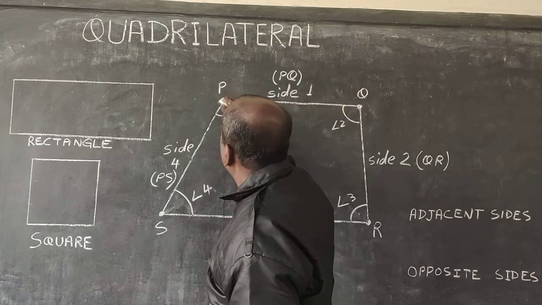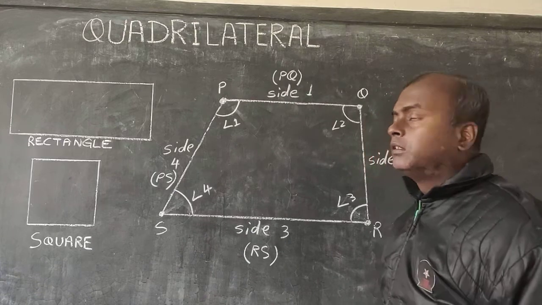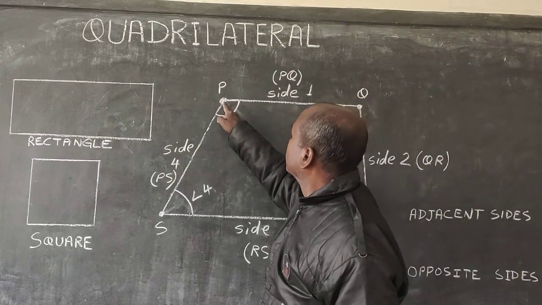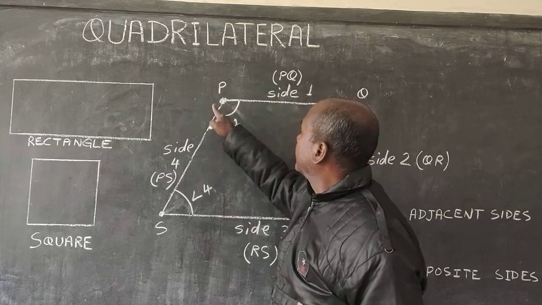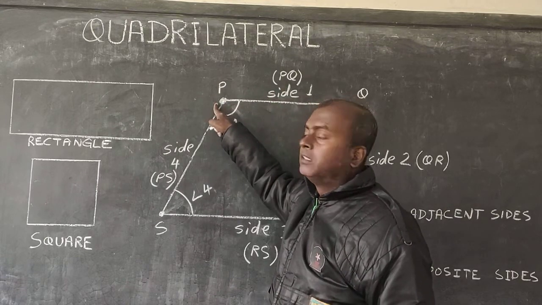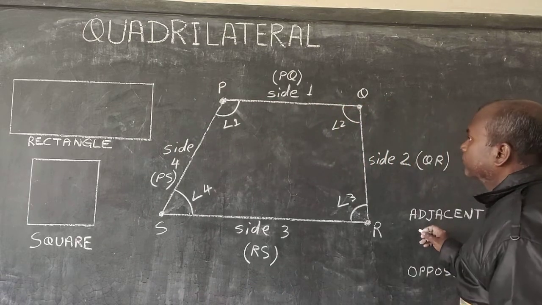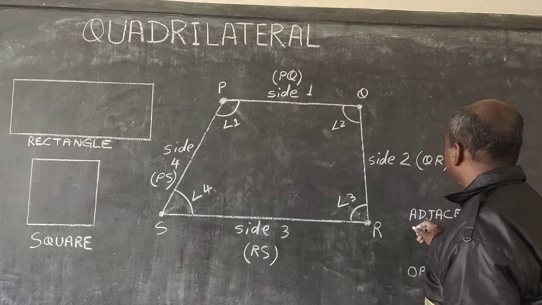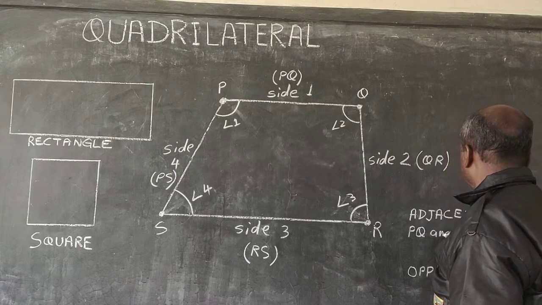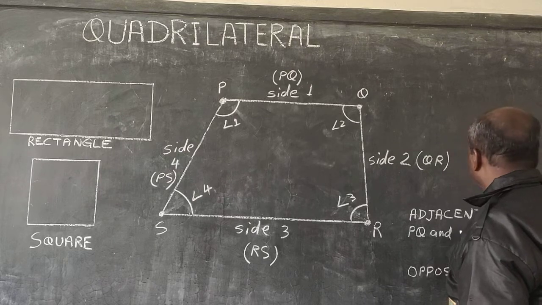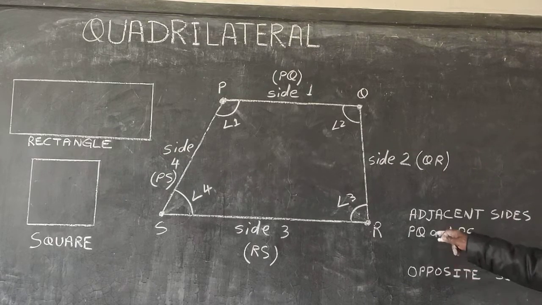So, how many vertices do we have? We have 4, right? So, you see over here, this side PS and this side PQ, they have one end point, one vertex. So, these 2 sides are adjacent. So, which 2 sides are adjacent?